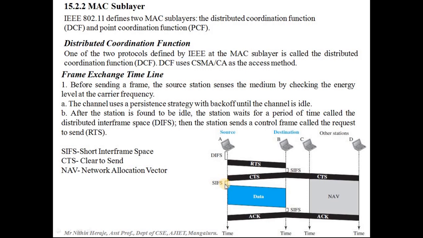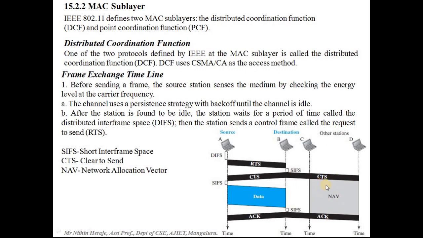So again A will wait for SIFS, short interframe space, and then it starts sending the data. At this point, B sends CTS to the source as well as to all the nodes in the network. So it also sends CTS to C and D, so that there should not be any collision.